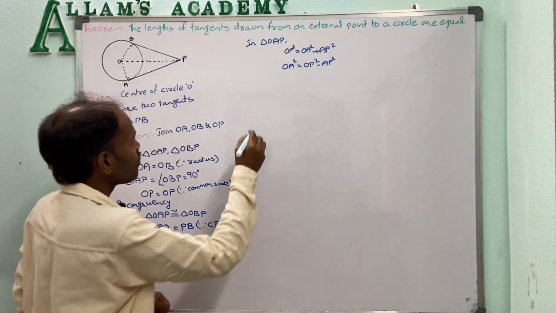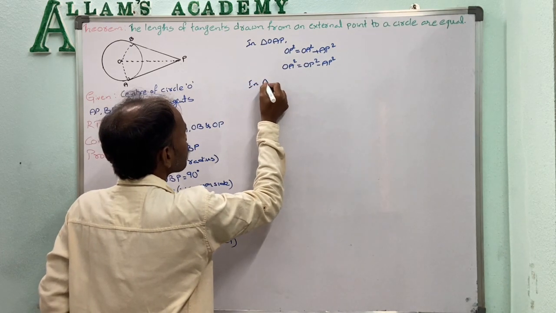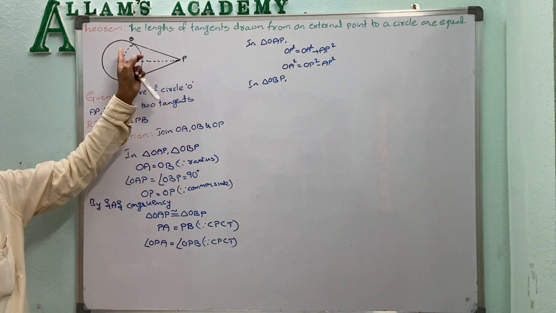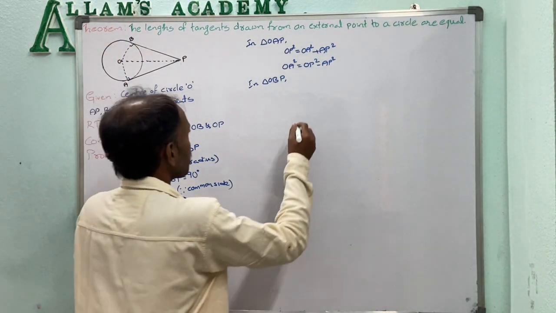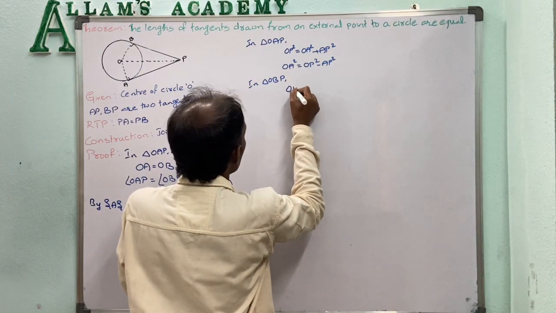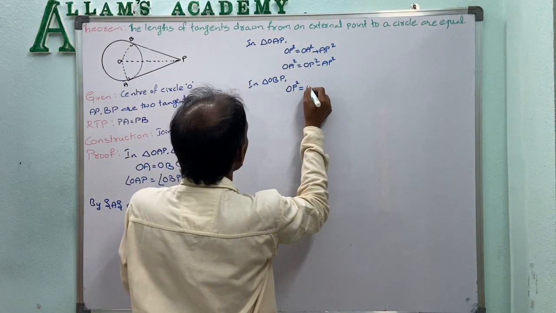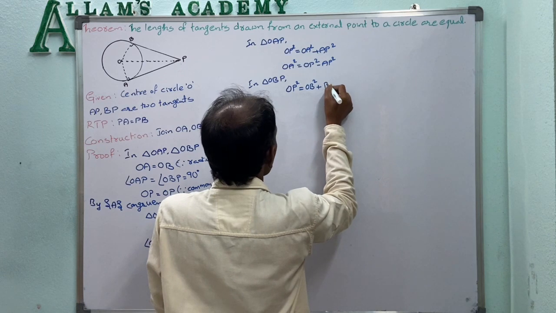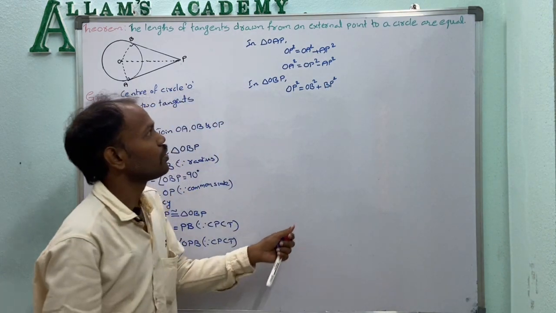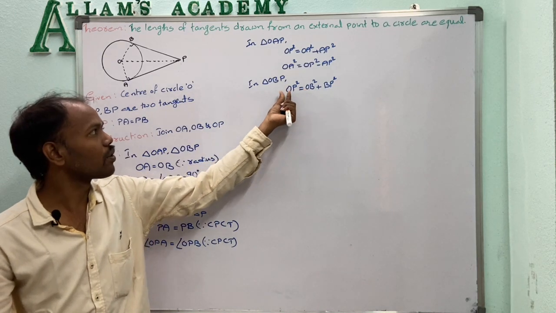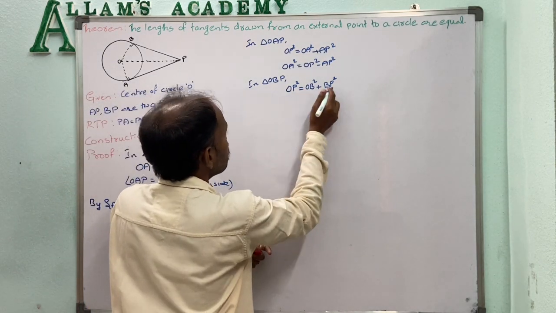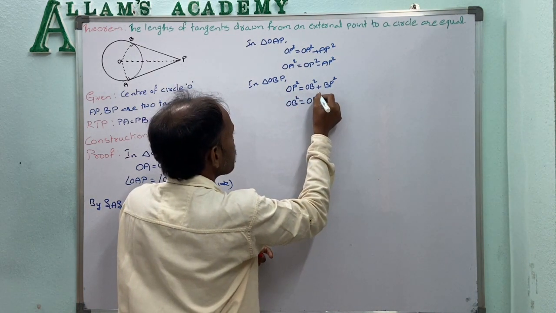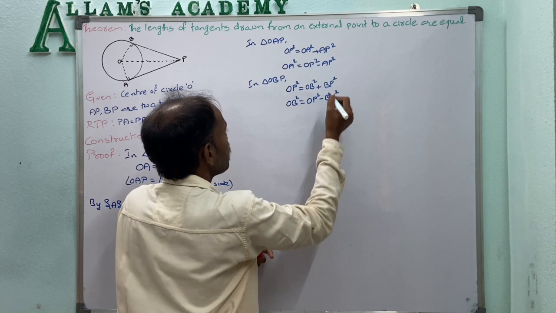Similarly in triangle OBP, we can write OP square equal to OB square plus BP square. Now OB square equals OP square minus BP square.